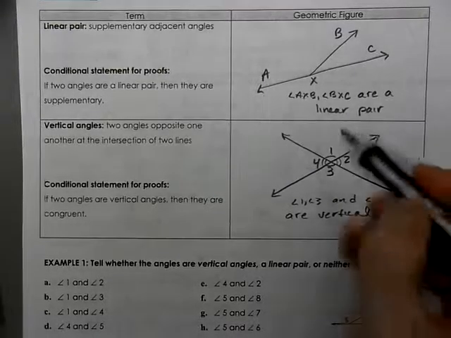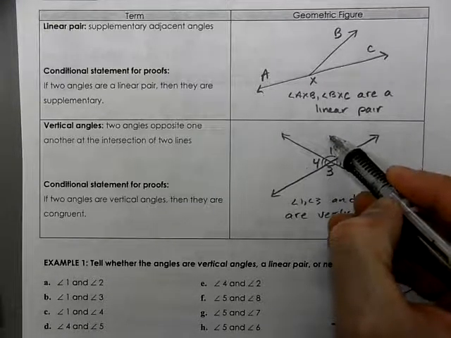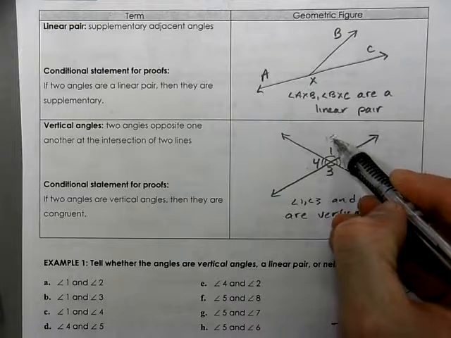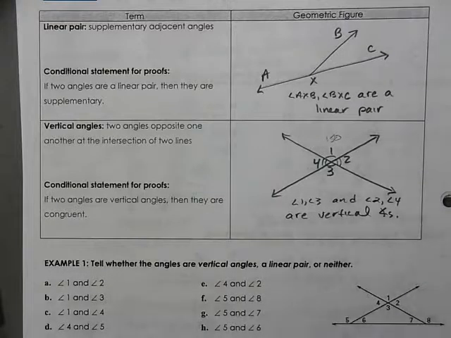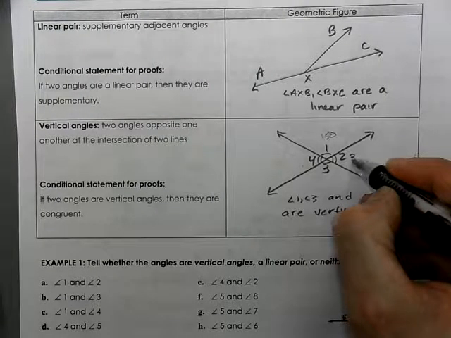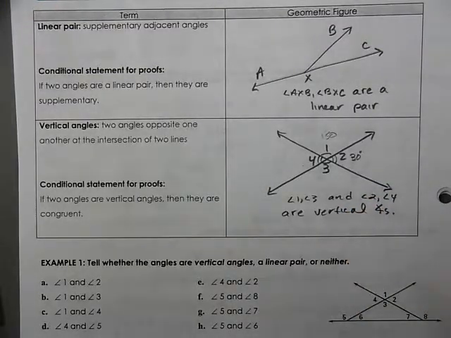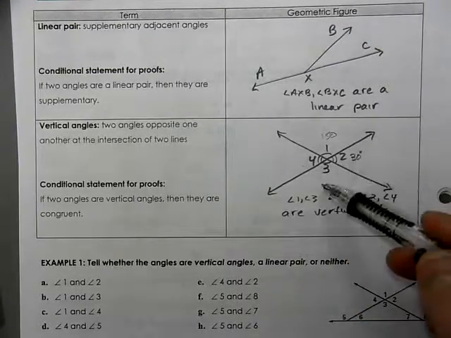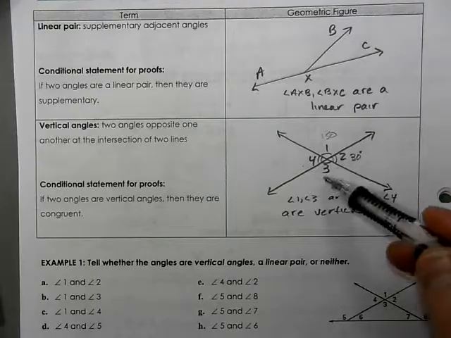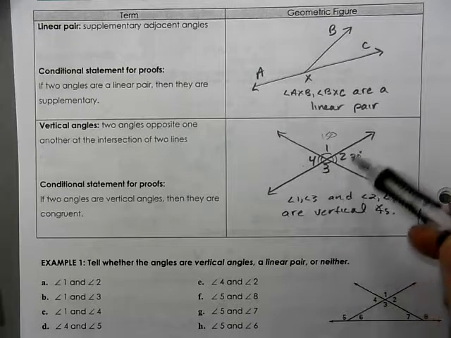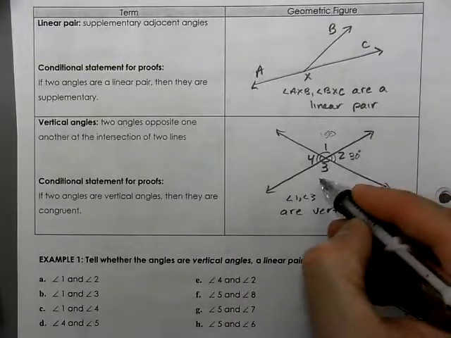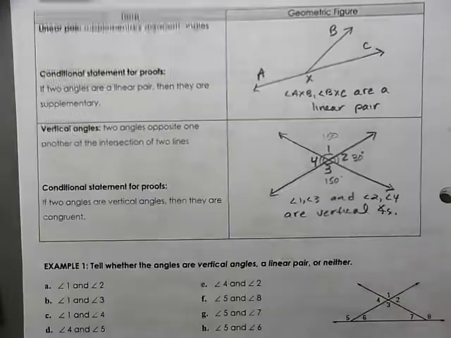Think about it like this. If this is 150 degrees, what would the measurement of angle 2 be? That would be 30 degrees. If angle 2 is 30 degrees, what's the measurement of angle 3? Remember, these are a linear pair. They have to be 150.